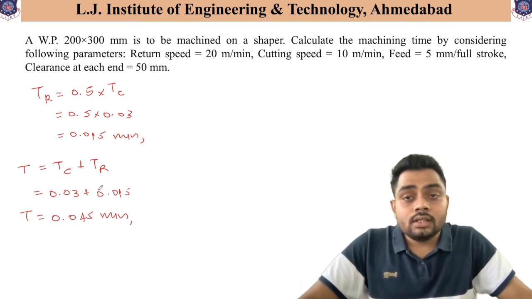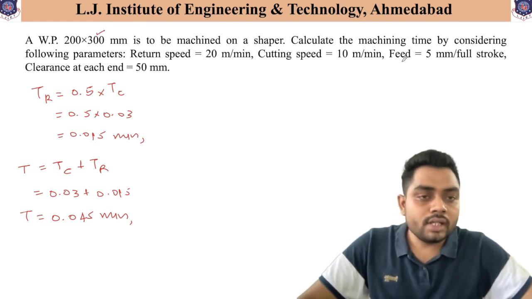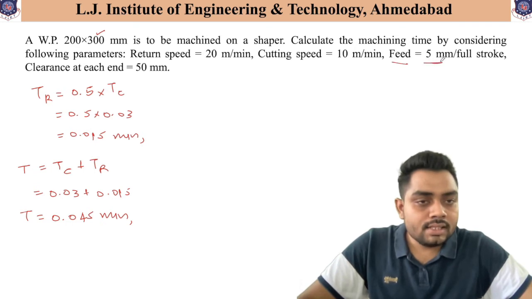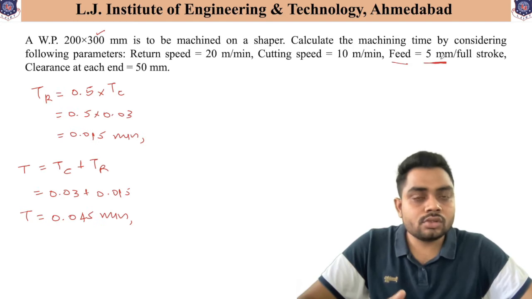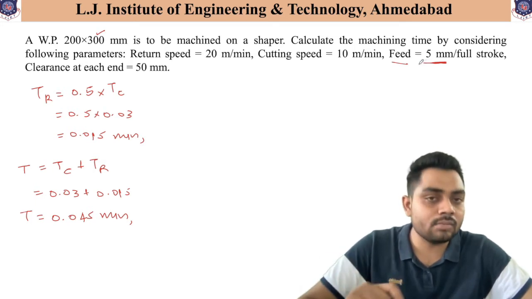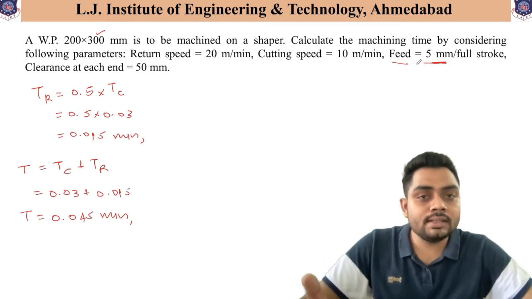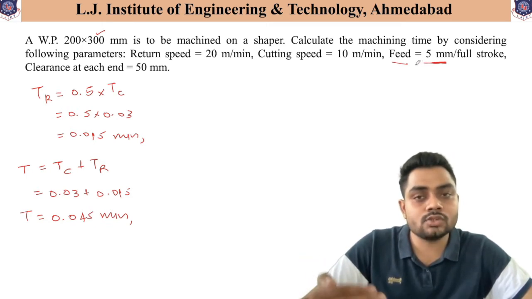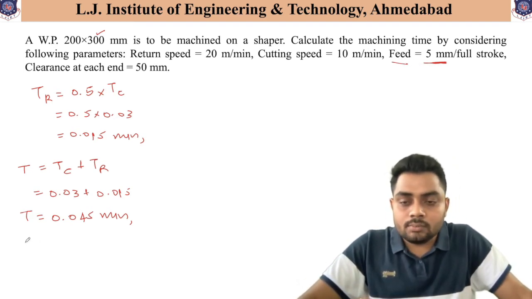Now we know that the width of the component is 300 mm, and for each feed it is machining 5 mm of the component. So for one entire cycle of the full stroke, how much material can be removed? 5 mm feed is given, that means 5 mm out of the 300 can be machined easily. So how many cycles do we need to repeat in this shaper operation so that we can machine the entire given workpiece?